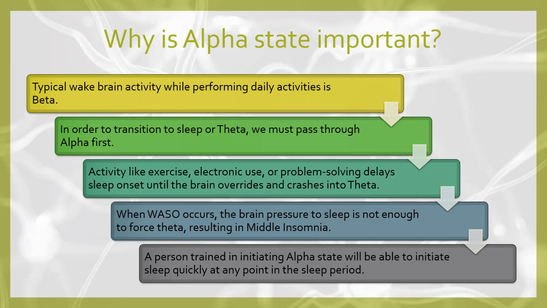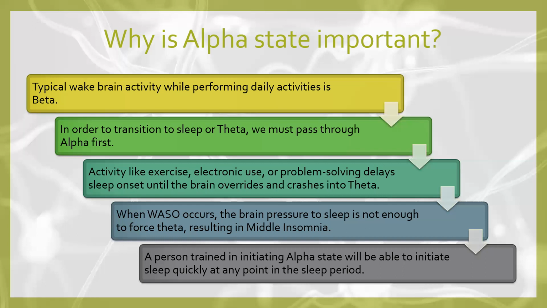It's also what we see with meditation, later states of meditation. We do have to pass through alpha. It depends on how consciously you're doing it and for how long you're going to stay in it. Activity, things like exercise, electronic usage, problem solving, delays our sleep onset until the brain overrides us and it crashes into theta.